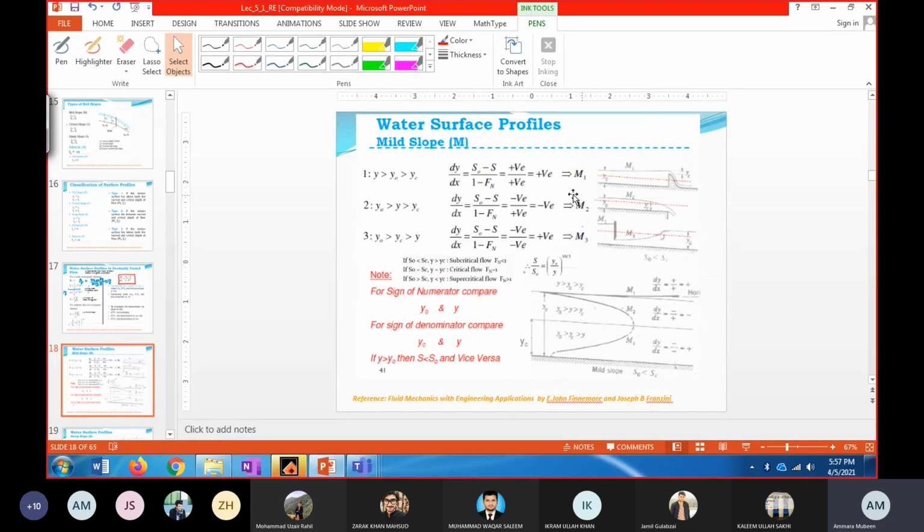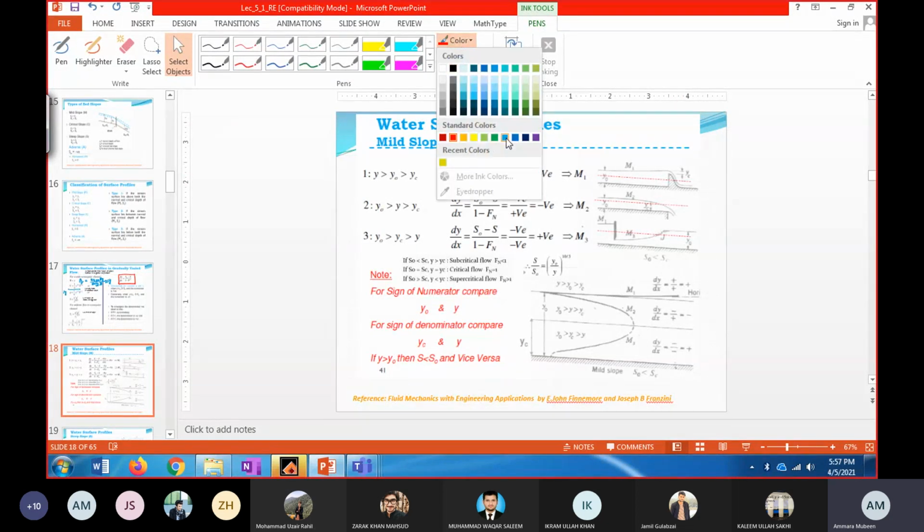So what about M1? When the depth of flow is in zone 1, then you can call that profile the M1 profile. That is when the depth of flow y is greater than y naught and it is greater than yc. So the profile would be called M1.